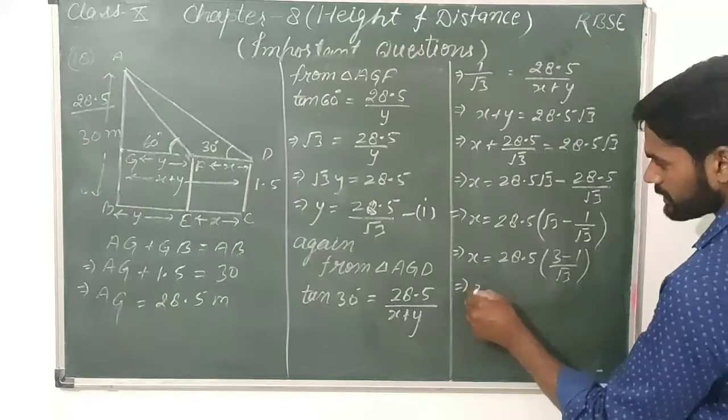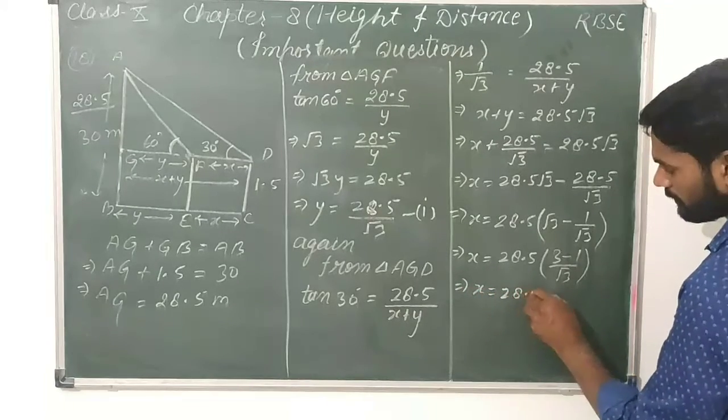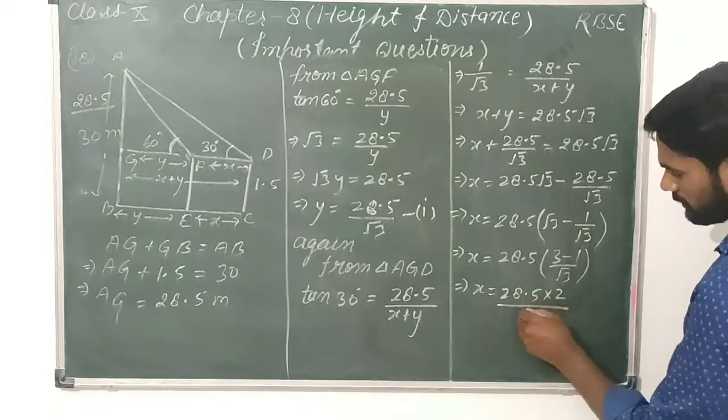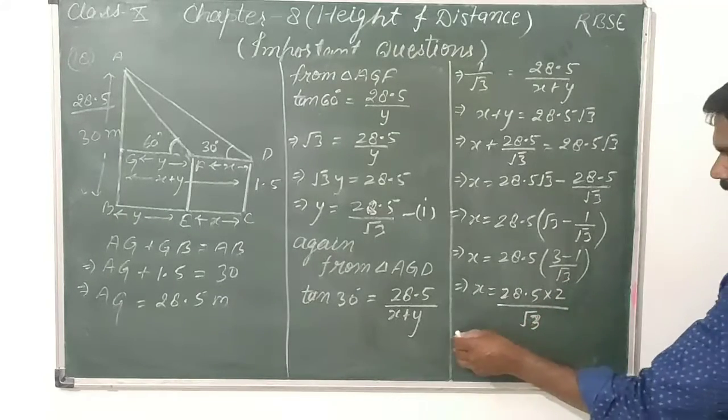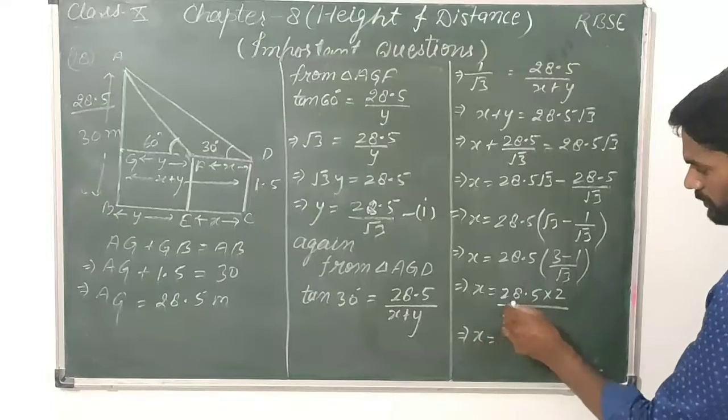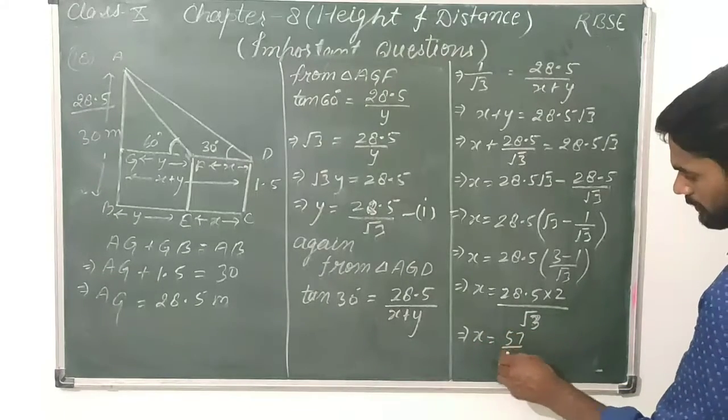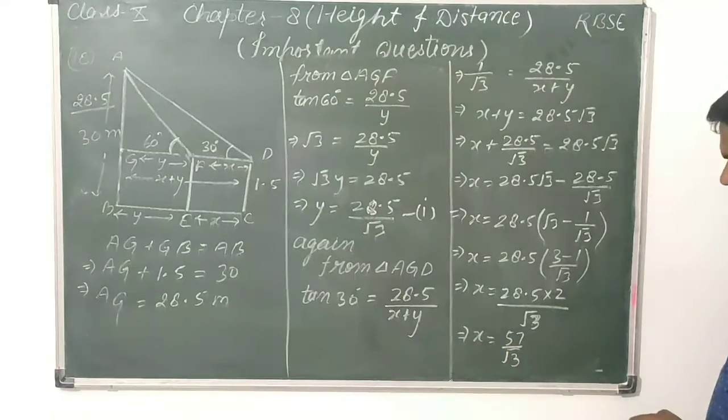x is equal to 28.5 into 2 upon root 3, and multiply this. x is equal to 57 upon root 3.